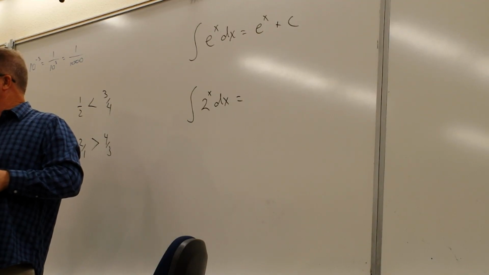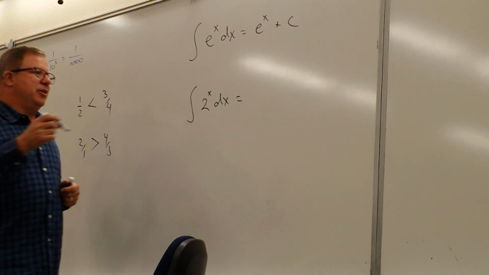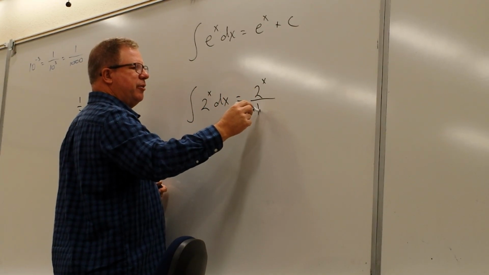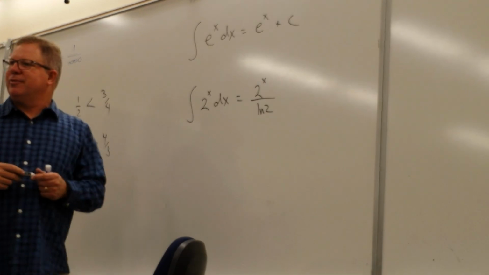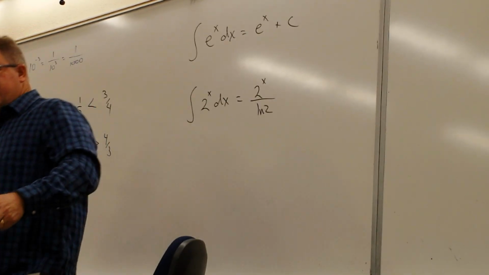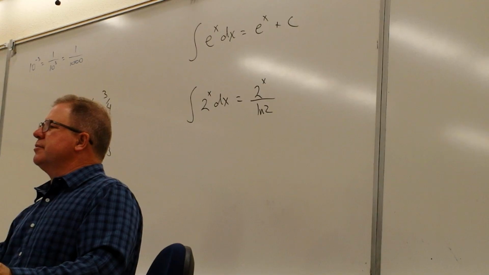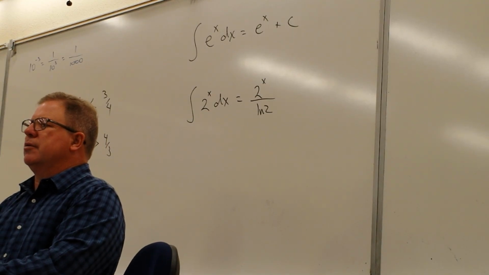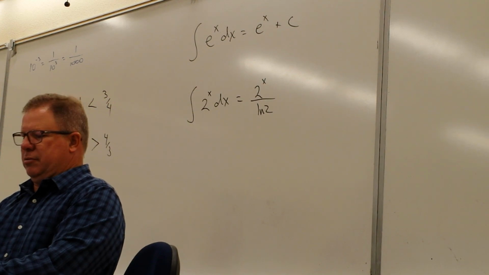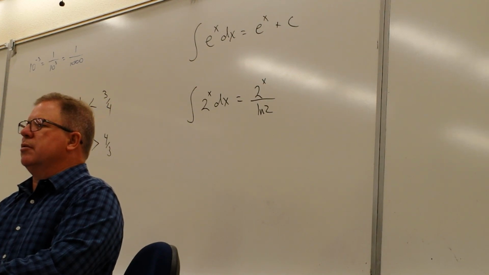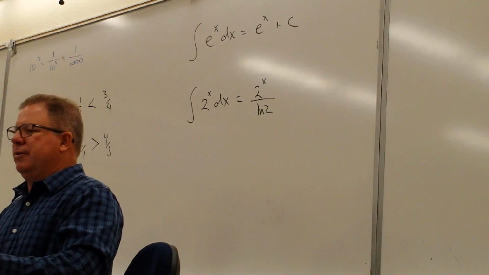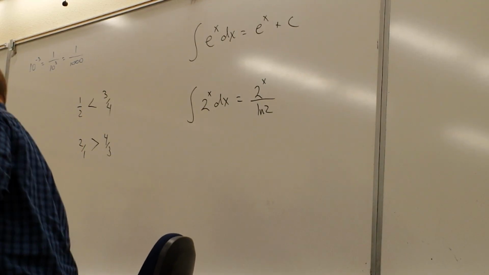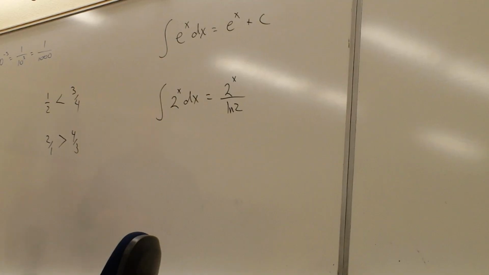Oh. It's 2 to the x over ln 2. Okay? I need that. Let's confirm that. Yep, see it there? It's correct.